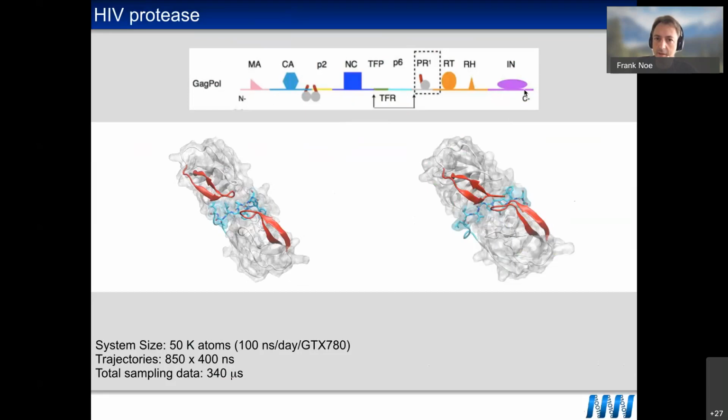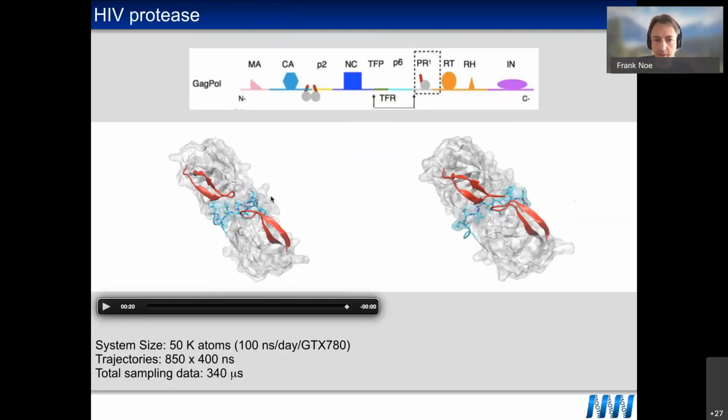These are basically all the proteins coming in one chain, and then this protease, when the virus matures, has to start cutting it into its individual pieces so that these proteins can do their work. And this is why this is a protein that you can use as a drug target. To inhibit this protein means to basically stop the virus from working.